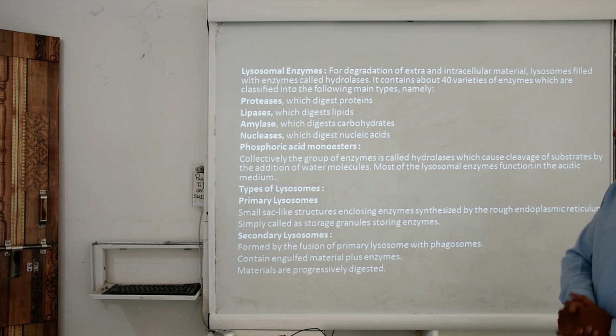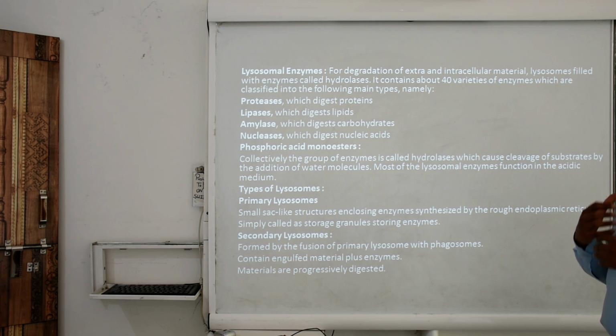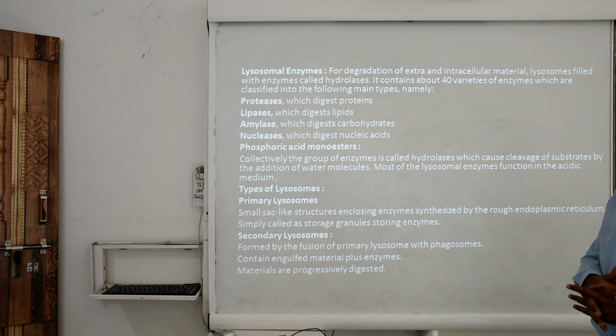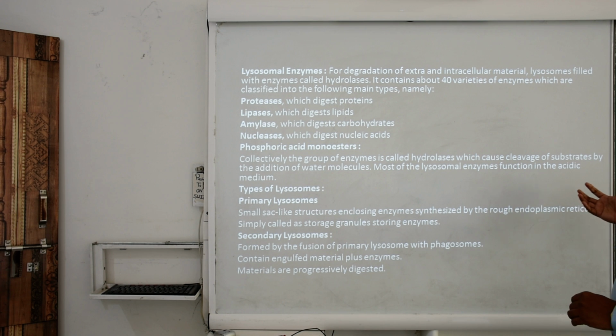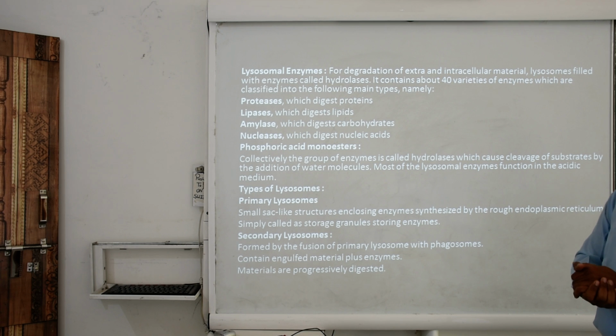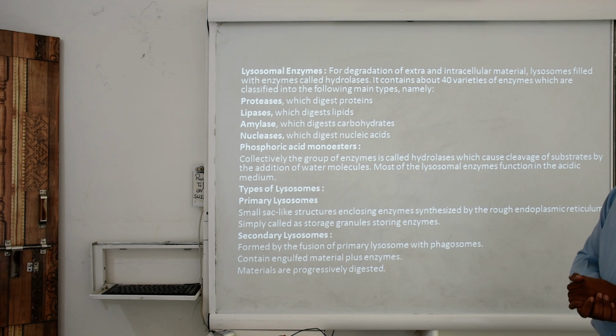Okay, what is the primary lysosome? Such a small sac-like structure which is directly originated from the Golgi bodies, enclosing the enzymes, having storage granules or storing enzymes inside it, that is called the primary lysosome.